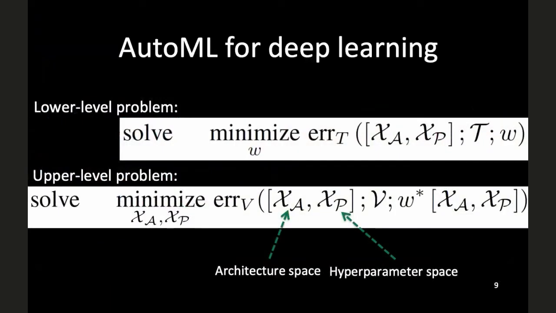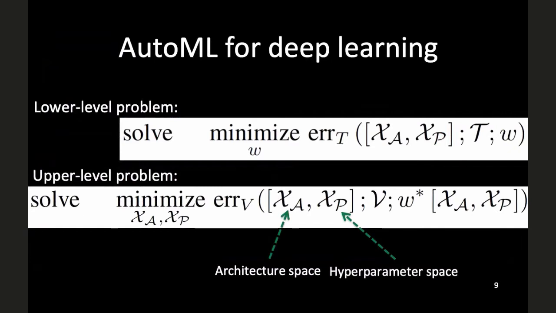Okay, so automated machine learning for deep learning. If you think about deep learning, there is a lower level optimization problem, which is the training problem, right? For a given architecture, you choose an architecture and you choose a set of hyperparameters for that architecture. Then given the training data, you adjust the weights of the neural network to minimize some loss, right? So that is the lower level problem shown here. And the upper level problem is finding that architecture space and the hyperparameter search.